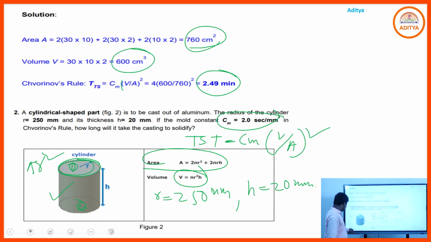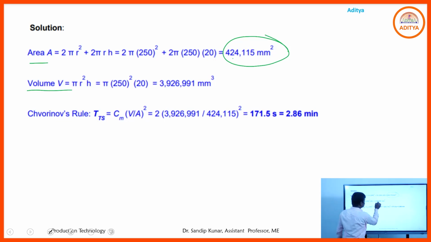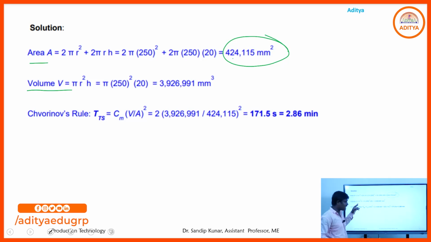Using that formula, we put in all the values and finally we have got 424,115 millimeter squared area. In the case of volume, finally we have got 3,926,991 millimeter cubed.